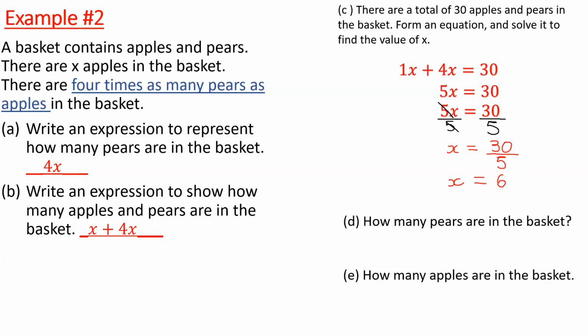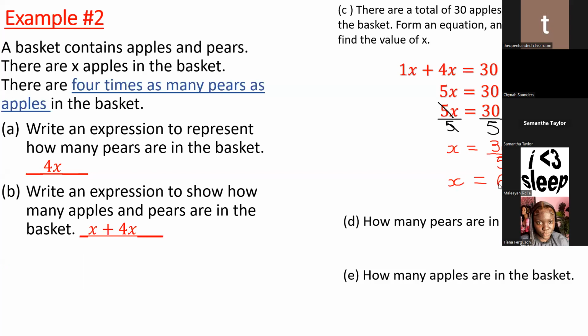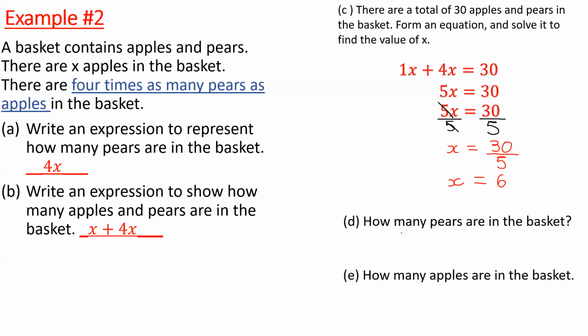Now, how many pears are in the basket? What are we going to do to get that? We find 6 times 4. Yes, very good. Why are we multiplying 4 by 6?